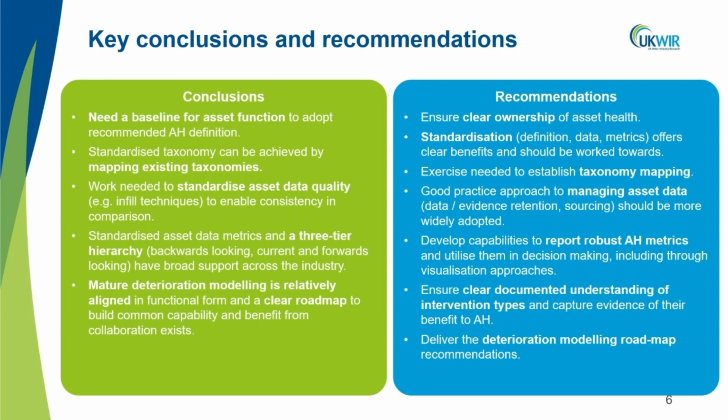Backwards looking. For example, historic performance data such as burst records for water mains. Current. An assessment of current likelihood of failure or proportion of expected life expired. And finally, forward-looking, a forecast of future failure rate informed by robust deterioration models.